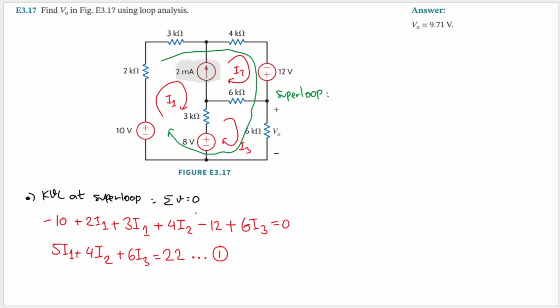Good. The other loop that we can work on is this I3. Let's do KVL in loop I3, because there is no current source in that loop.